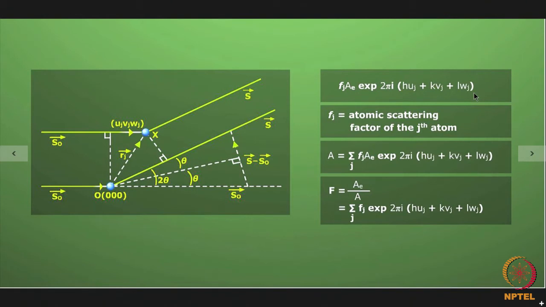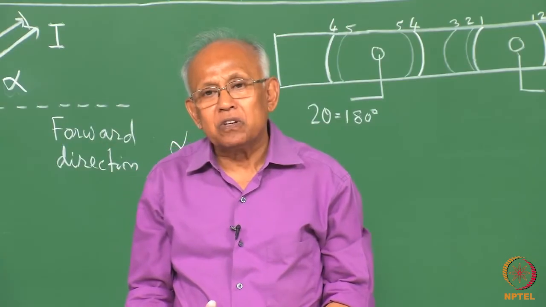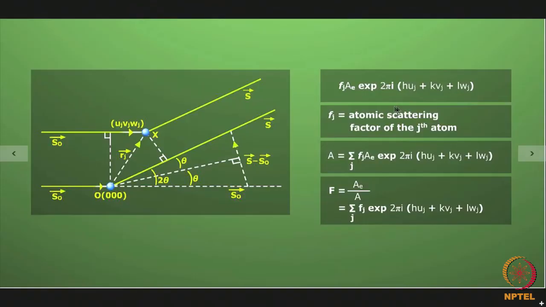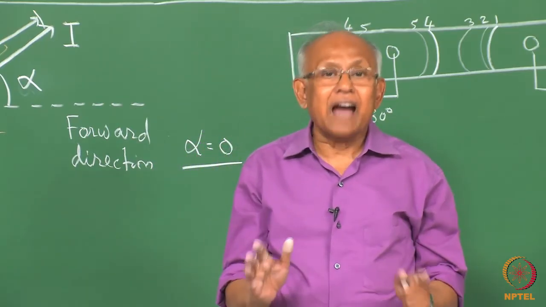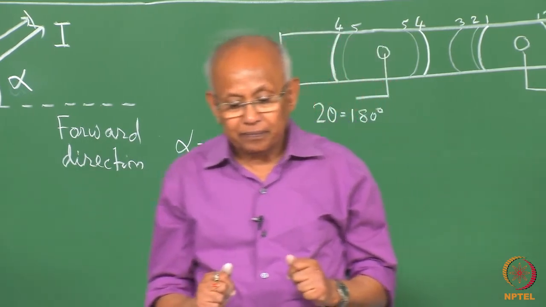So, the total amplitude scattered by the jth atom is fj Ae multiplied by exponential 2 pi i times (h uj plus k vj plus l wj). This is the total amplitude scattered by the jth atom in the unit cell.